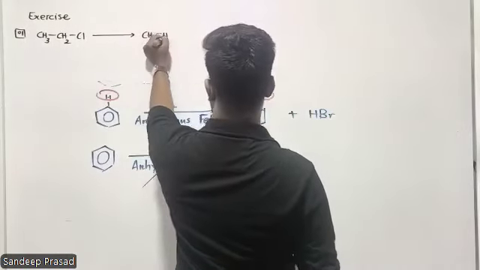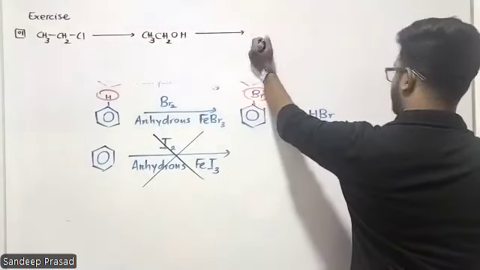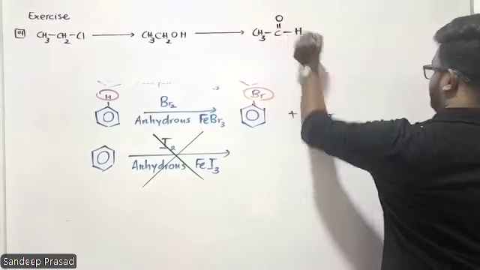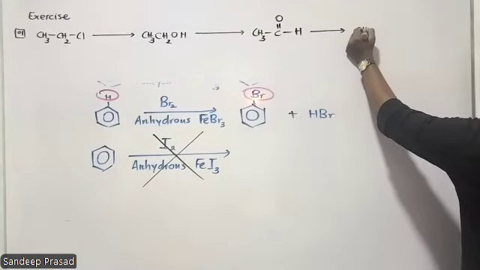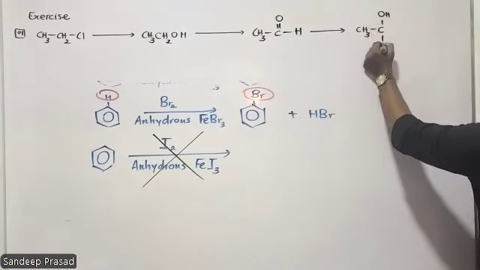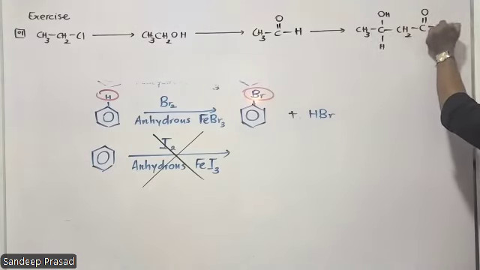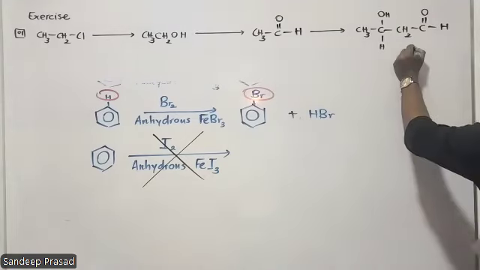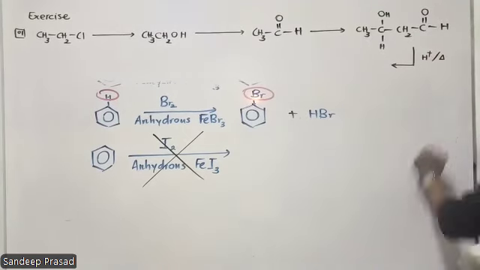Ethyl chloride is converted into ethanol, then converted into ethanal, then it is converted into an aldol product like this. Then you know what we have to do. What is the reagent we have to add there? Then they have added H plus and heated.